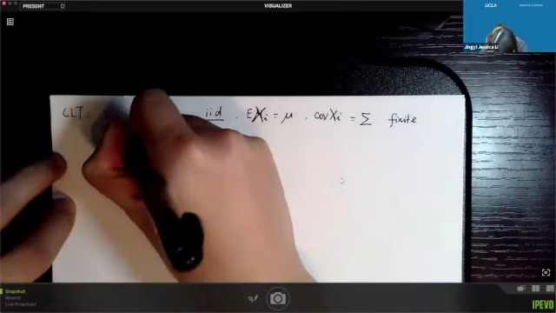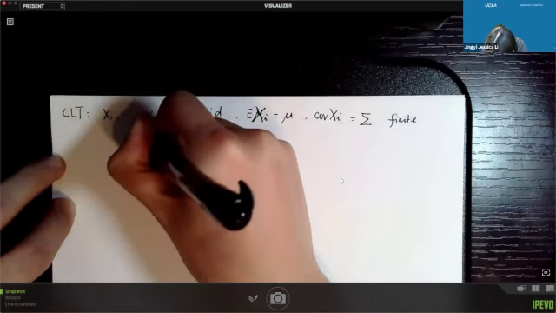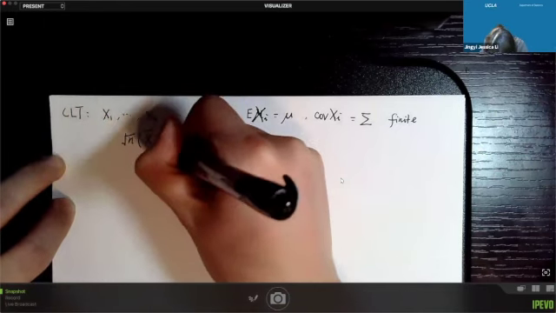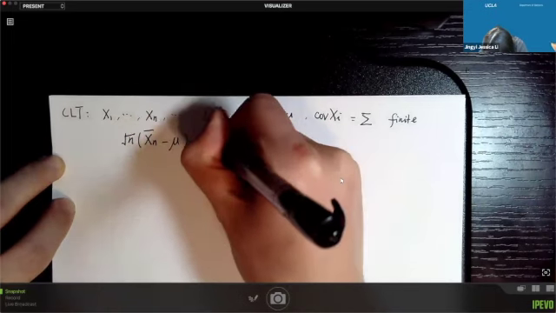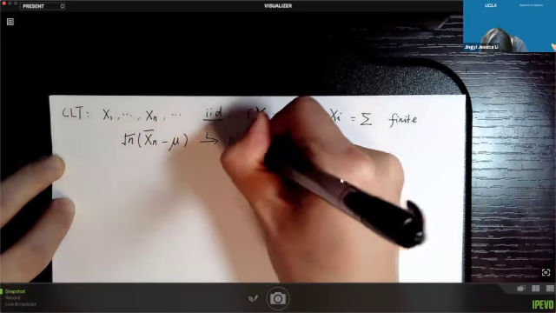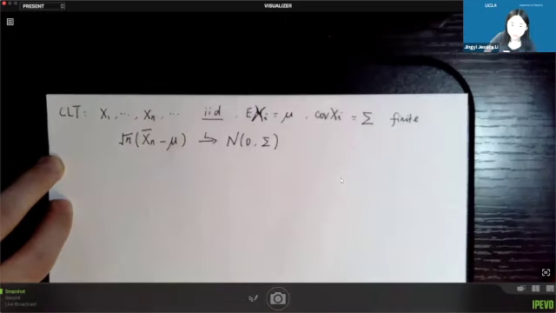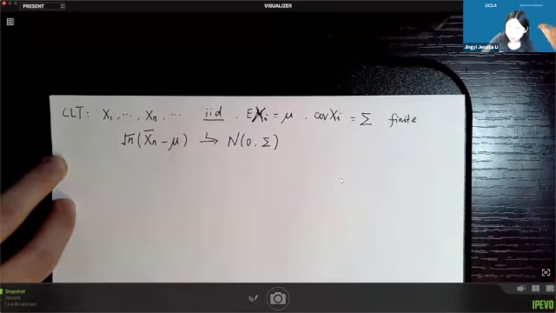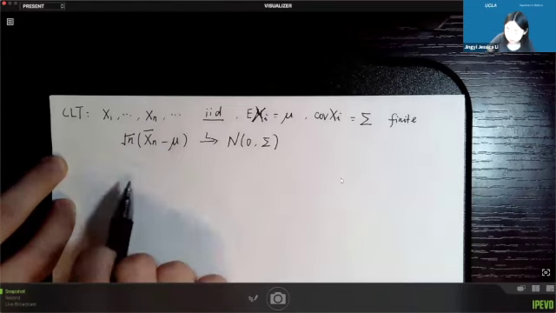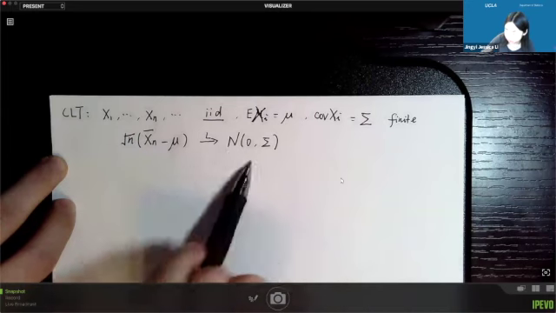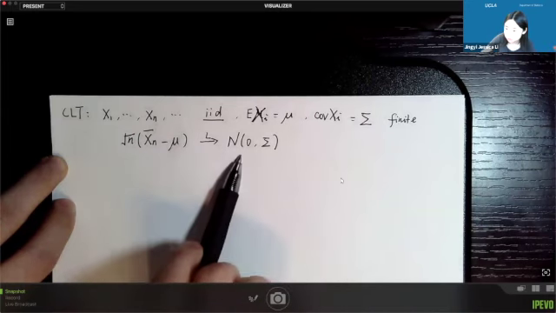So here we write it in this way: xn bar minus mu converges in law to a normal distribution with sigma as the covariance matrix. One thing I want to note is that everything related to n must be on the left-hand side. n shouldn't appear on the right-hand side because this is a limit as n goes to infinity.